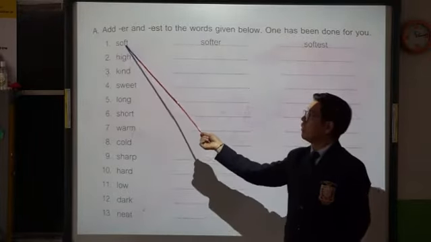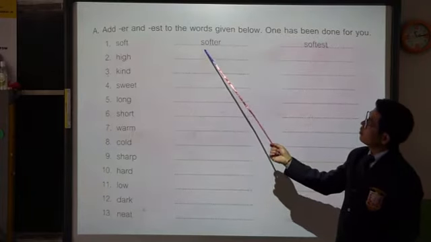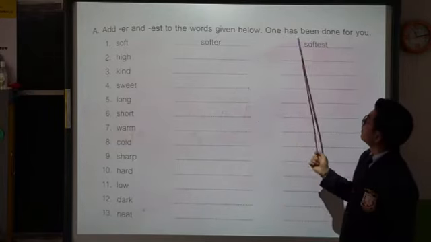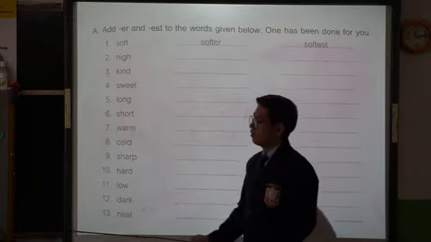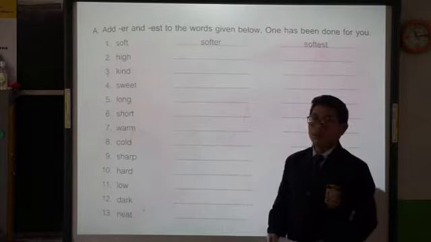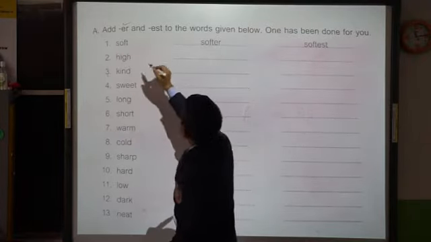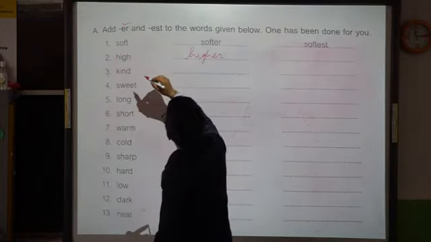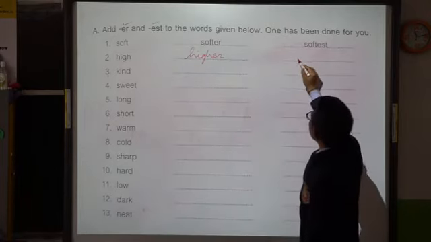Soft, base. Comparative degree, softer, and then superlative, softest. Now we'll do the remaining ones. High. When we add ER, high, higher. And then second we add EST, highest.